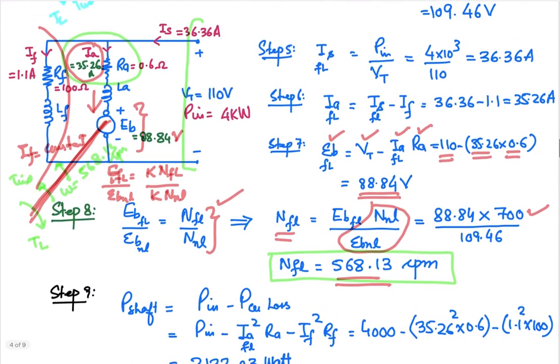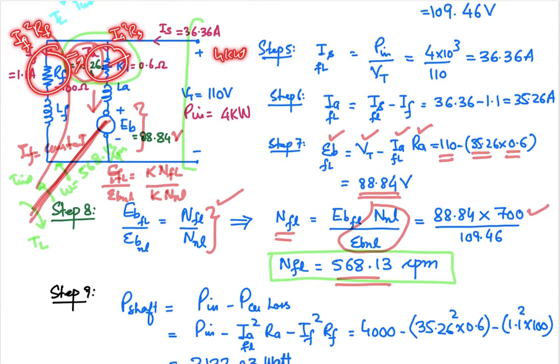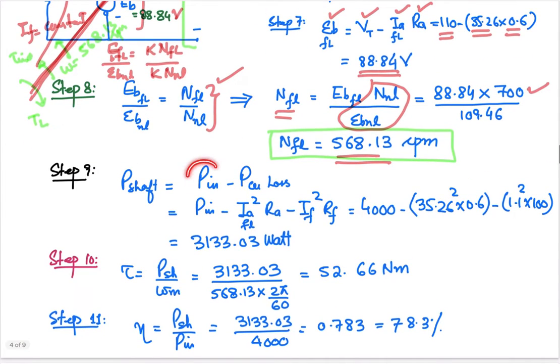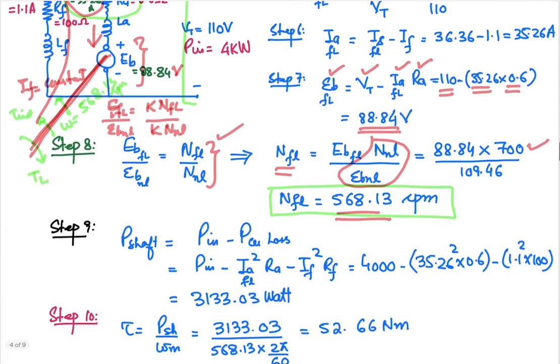One more thing, the power that you are injecting over here is 4 kilowatts. Some of the power is being lost over here, IA square into RA, and some of the power is being lost in this resistance, that is IF square into RF. So that is the power in the form of heat. These are the copper losses because these are the copper windings. So input power minus the copper losses, the rest of the power will be converted into the mechanical form.